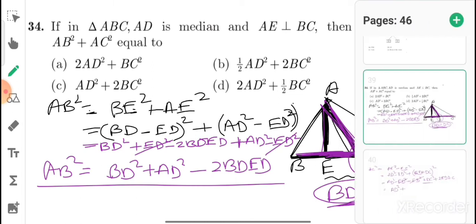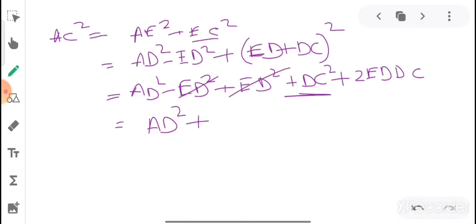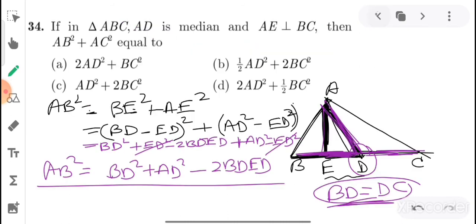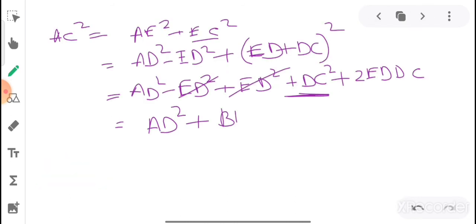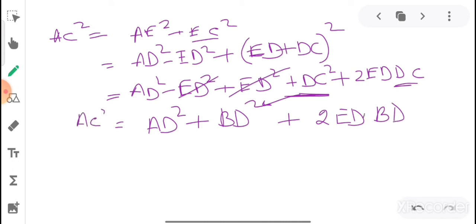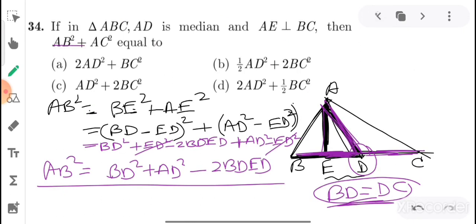Then we can write BD square for DC square, plus 2 ED, and here we can also write BD for DC. This is the value of AC square. We have to calculate AB square plus AC square.